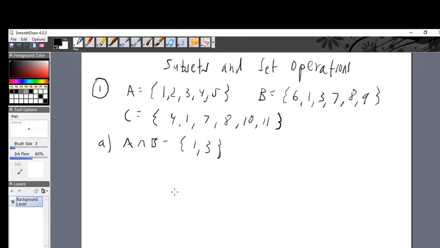Okay, fine. Now, here's 1B. How about A intersect B intersect C? That means you've got to be in all 3. You have to be in all 3 to make it to the finals here. So 1, is that in all 3? 1 is here, 1 is here, 1 is here.